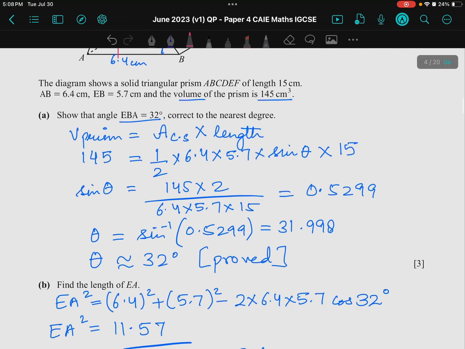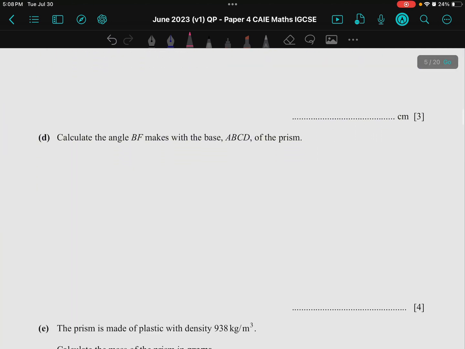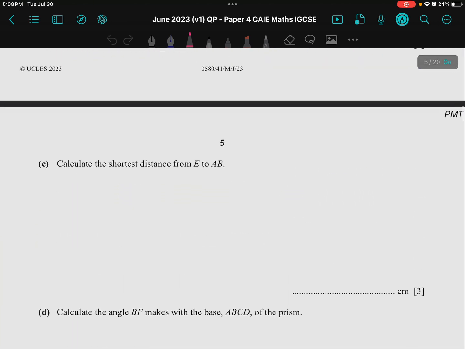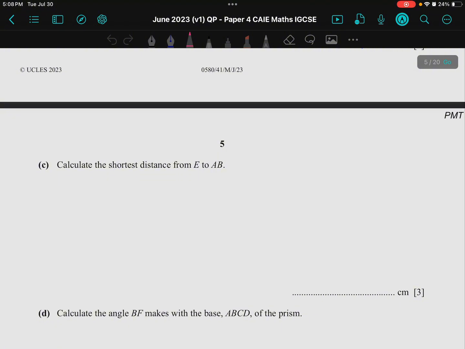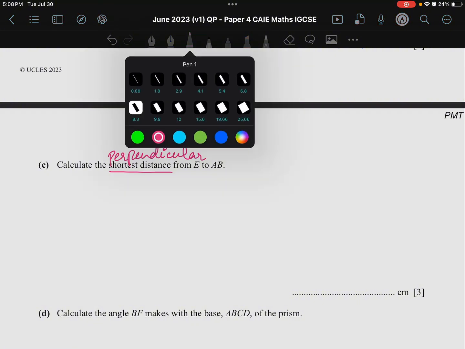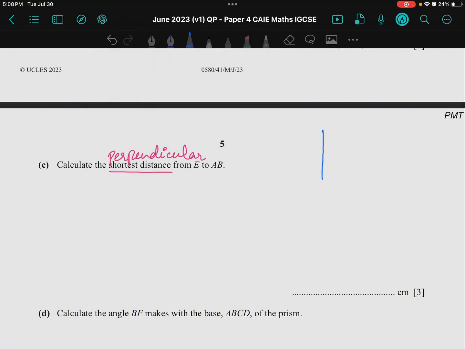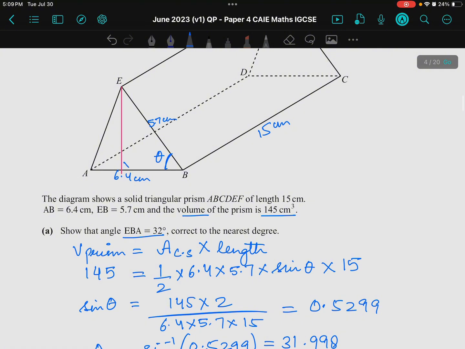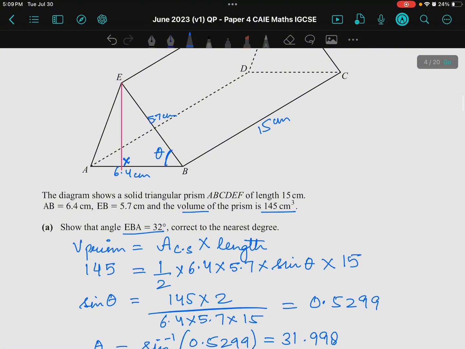So now what we can do, calculate the shortest distance. The shortest distance is the perpendicular. Okay. So make the triangle here, E, B, and say this is point X. Take this point as X.